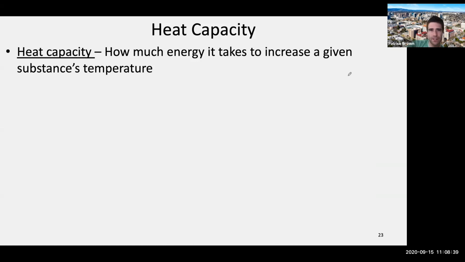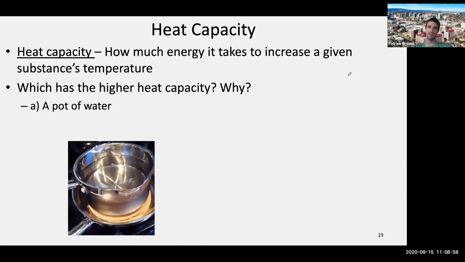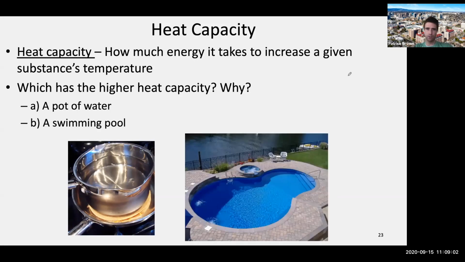This seems like kind of an obscure thing at first, but it's actually pretty intuitive as well. Just to give you a concrete example, guess which one of these has a higher heat capacity: a pot of water or a swimming pool?